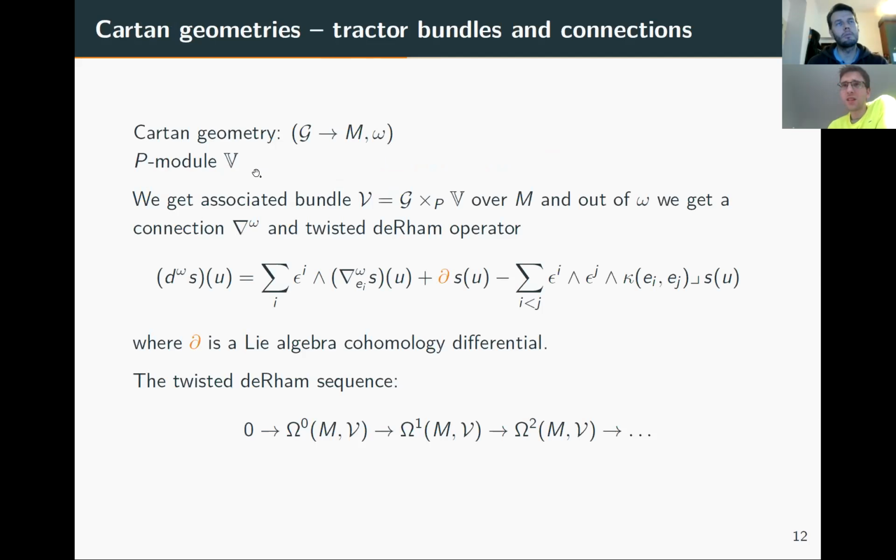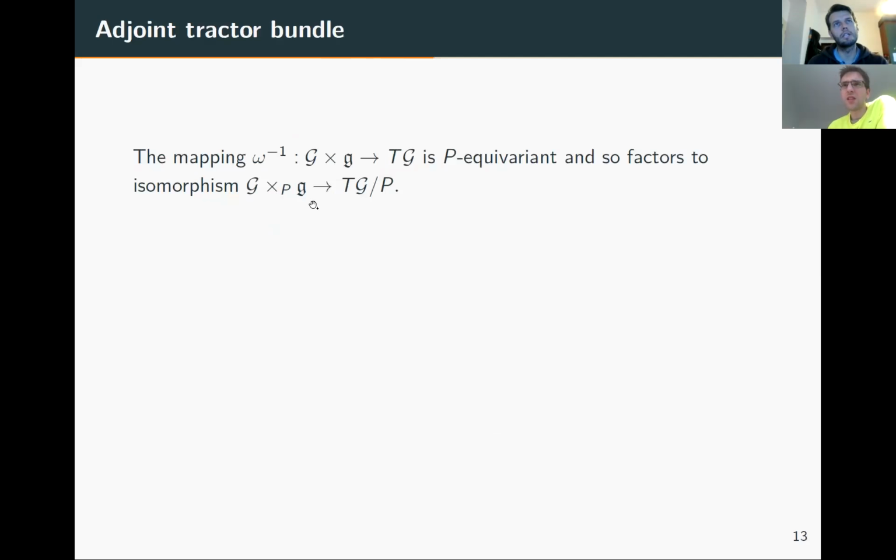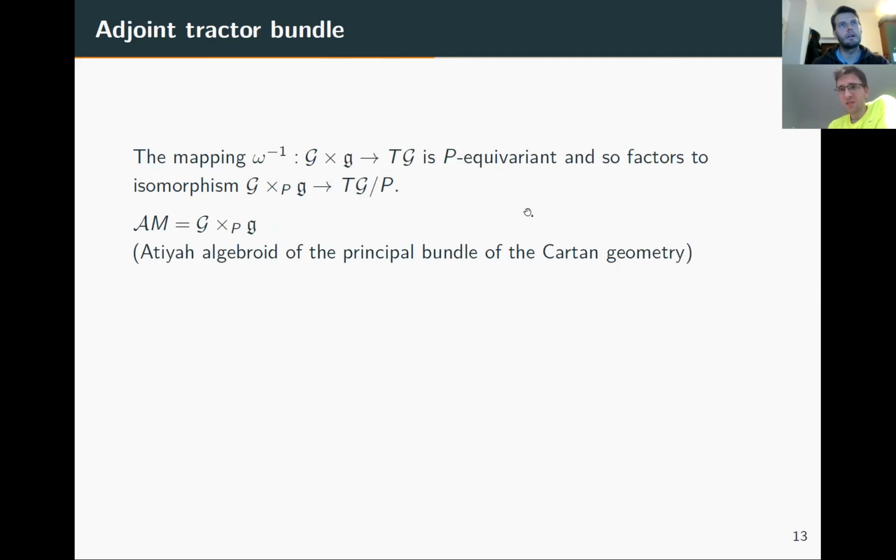Here, for a P-module V, I'm just taking the Lie algebra itself. This little observation tells us that this associated bundle is actually the Atiyah algebroid of the principal bundle of the Cartan geometry. And this actually has a special name: the so-called adjoint tractor bundle of a Cartan geometry.